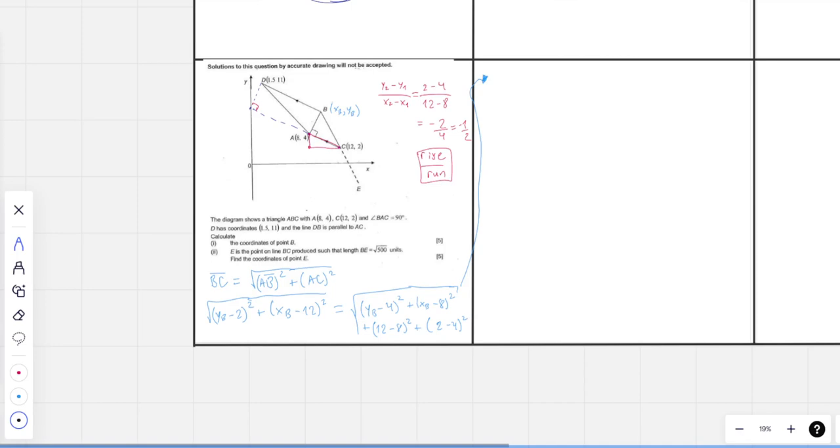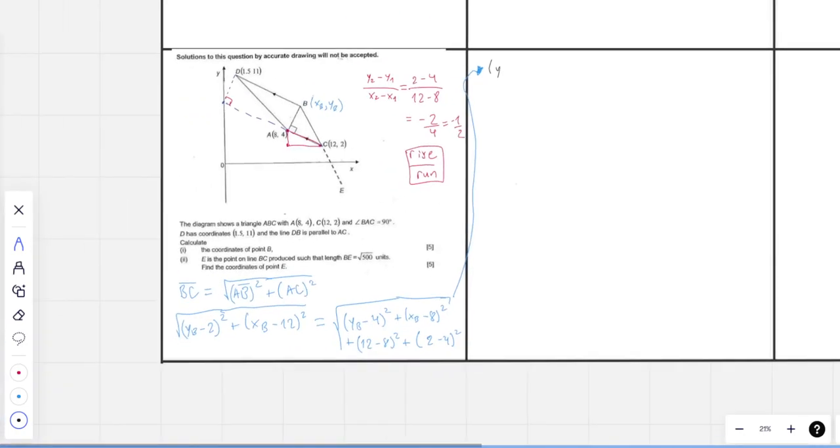But what I want to do next is probably expand some of this. So something like y sub b minus 2 squared. We could cancel out the square roots on both sides. We don't really need that. It's equal to yb minus 4 squared plus xb minus 8 squared.